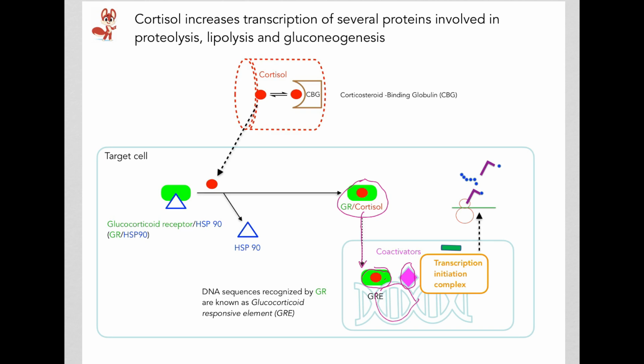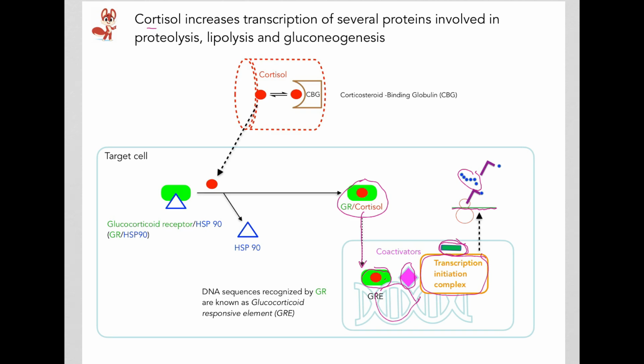So this complex will bind DNA and cause changes in transcription. Various genes will be transcribed, mRNA will be produced, this mRNA will be sent out into the cytoplasm, and there the mRNA will be expressed into a protein.